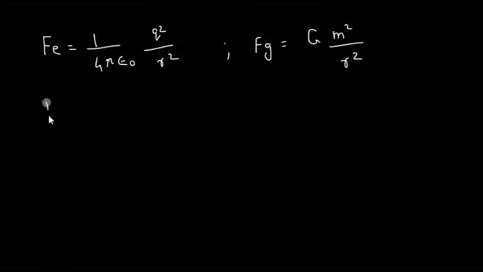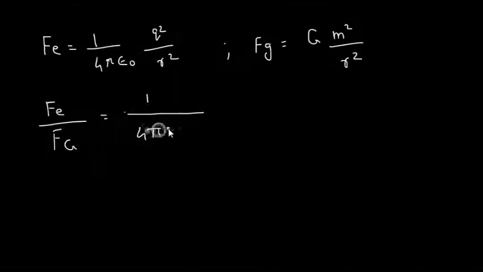Therefore, to find the ratio between Fe and Fg, we can write 1 by 4 pi epsilon naught G times q square by m square. The r square terms cancel, so this much is left.